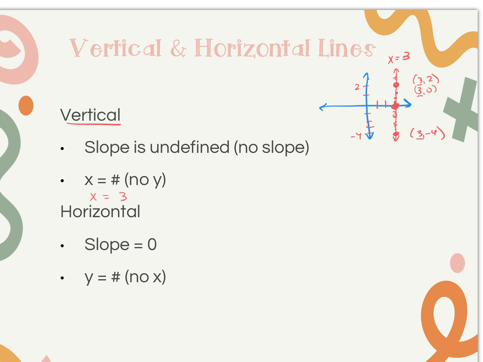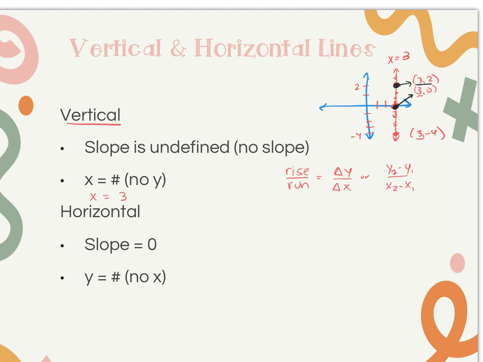If I ask you for the slope, remember the slope is the rise over the run, or the change in y over the change in x, or we also write it as y2 minus y1 over x2 minus x1. Either way, let's just pick two points. Let's pick here (3, 2), and this point here at (3, 0).